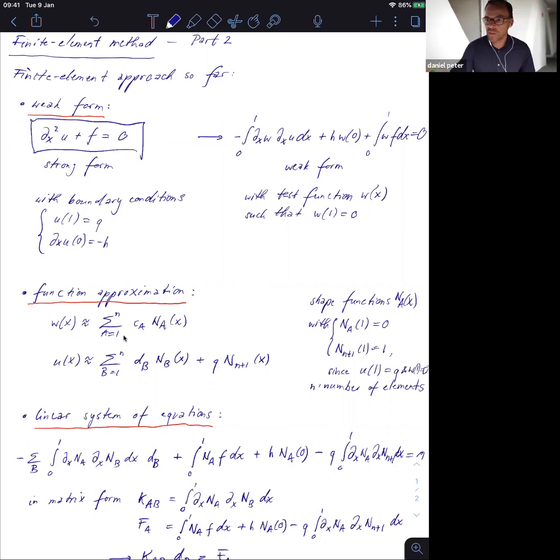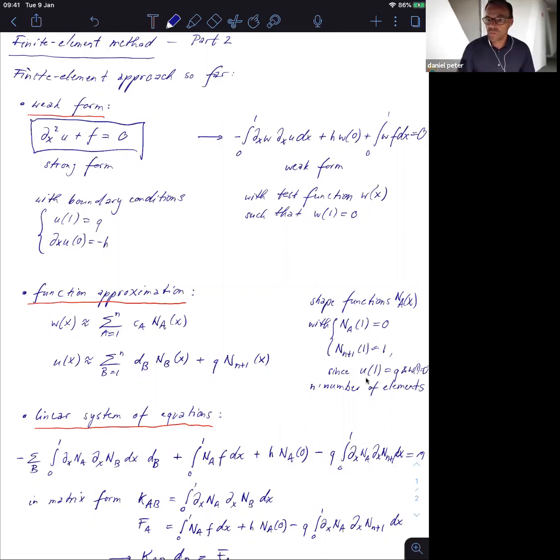We fixed what the solution field has to be on that boundary, which leads to the condition that N_A at the Dirichlet boundary, N_A at 1, is 0. And we add another, n plus 1, shape function for the last node at 1, which imposes that the shape function has to be 1. That is due to our assumption that the solution field at 1 is q and the test function at 1 vanishes, is 0.